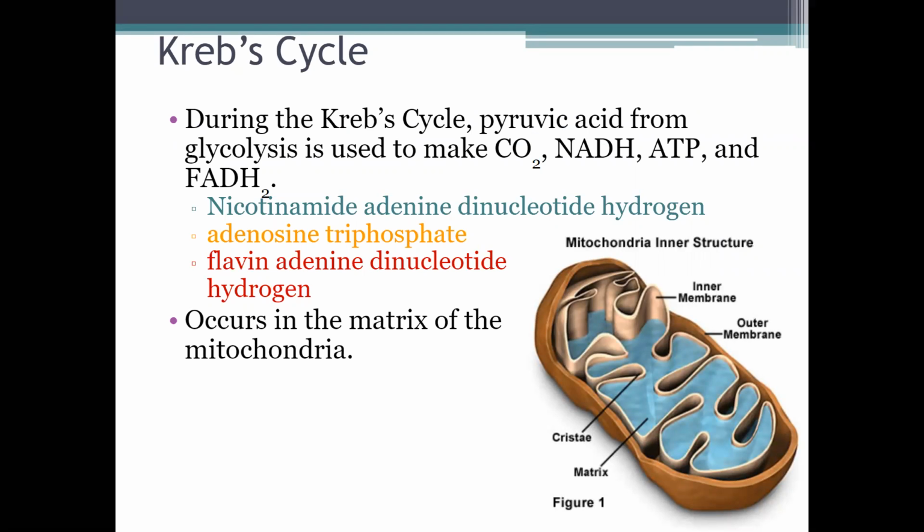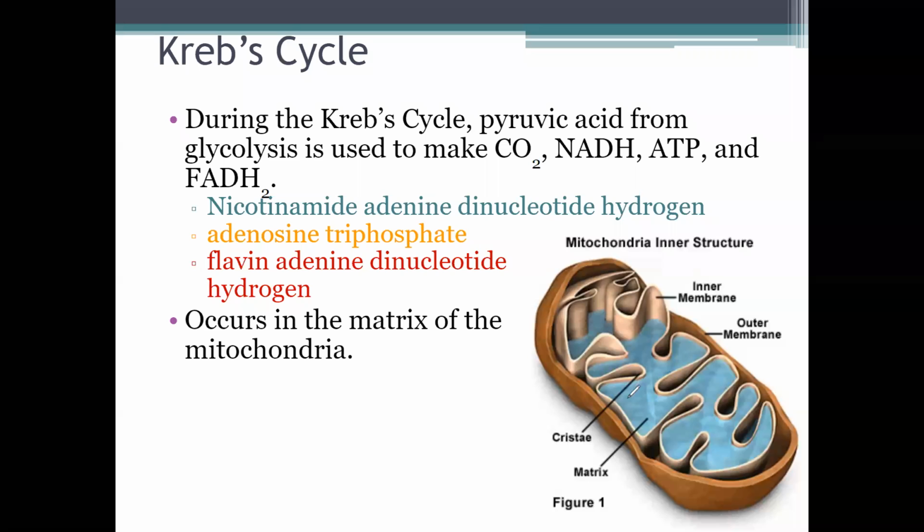So our Krebs cycle is another part of cellular respiration. Our first part was glycolysis. Our second part is referred to as the Krebs cycle, okay? So this is the part that's going to occur in the matrix of our mitochondria.